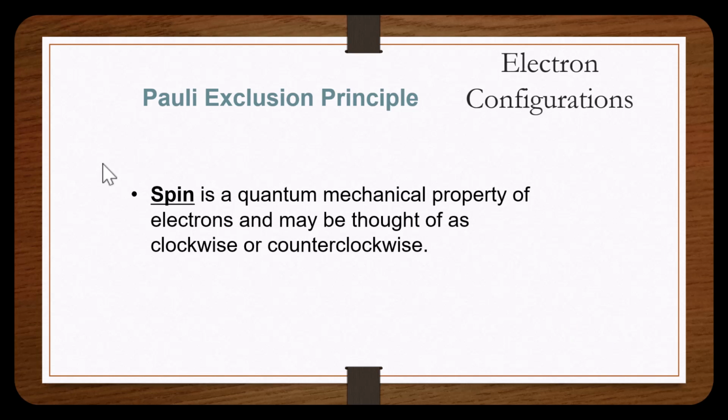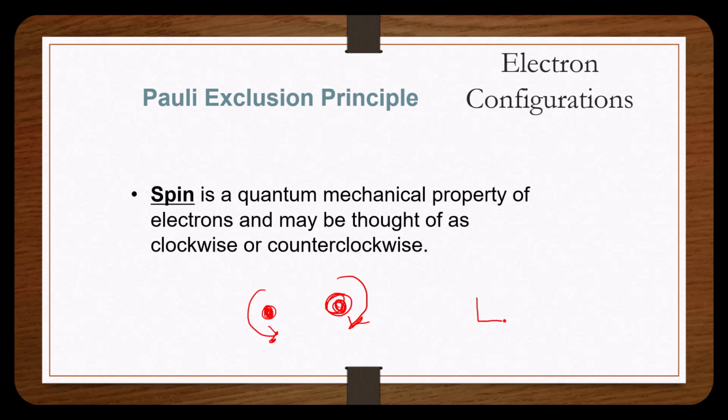Spin is a quantum mechanical property of an electron and may be thought of as clockwise or counterclockwise. So if an electron was in an orbit, one would have to spin this way, and the other electron would have to spin the other way.